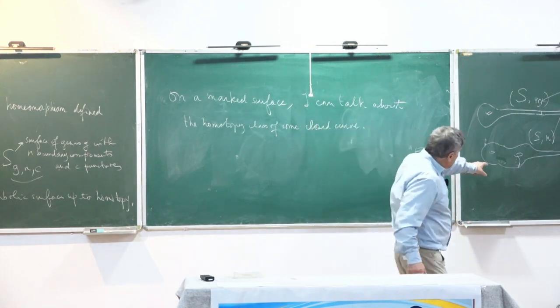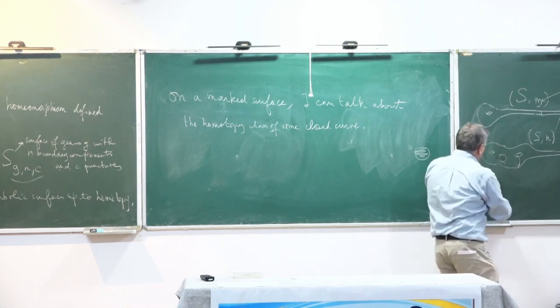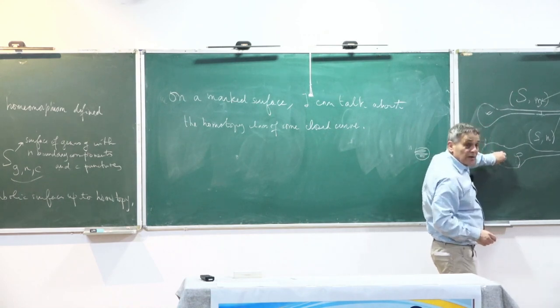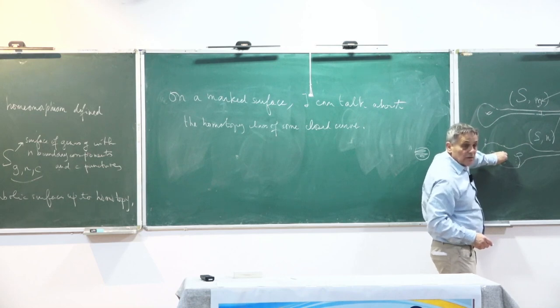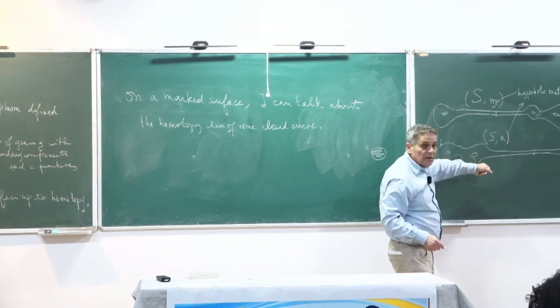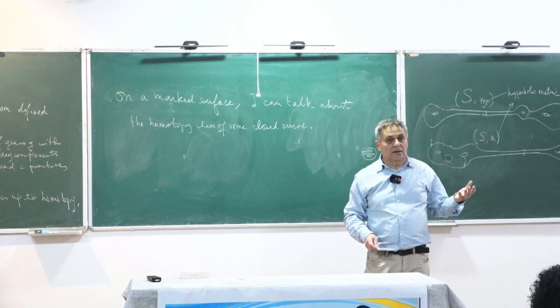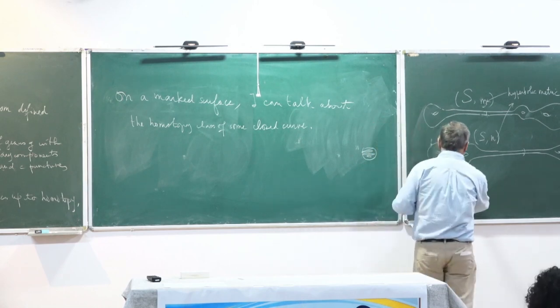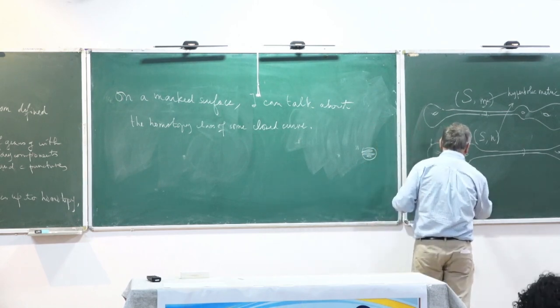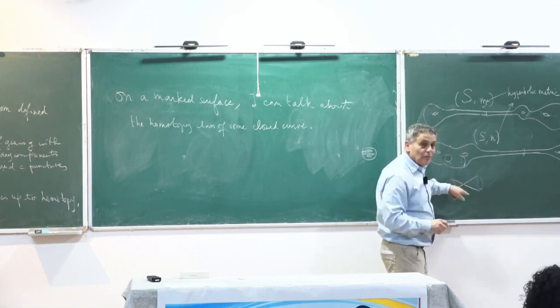This closed curve, I can shrink it to a point without harming the torus. The torus will stay a torus. If I shrink this curve here to a point, then the topology of the torus will be destroyed. Then I will have this here. It will no more be a surface.